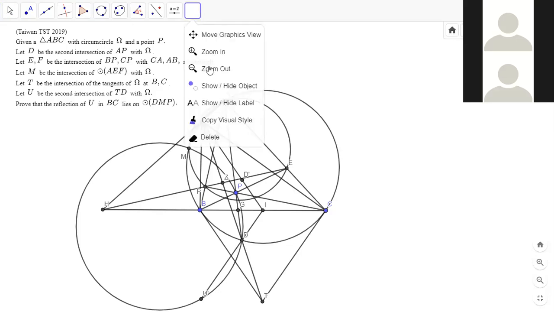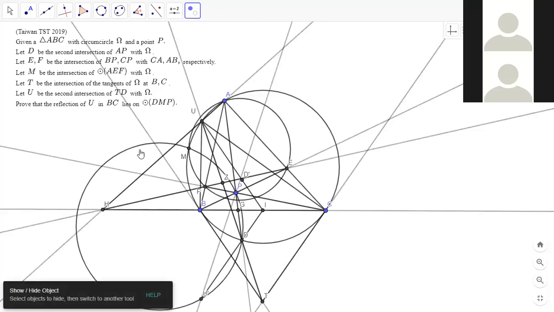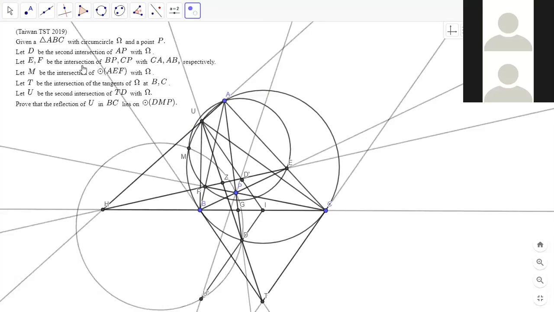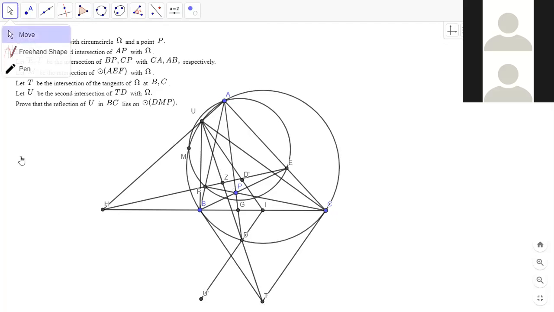I should probably hide the circle. I'm just trying to think of the best way to do this. So we want to show that MPDU prime is cyclic, right?